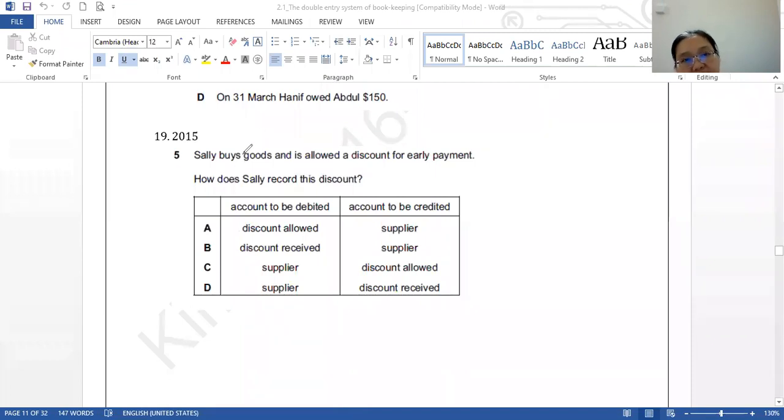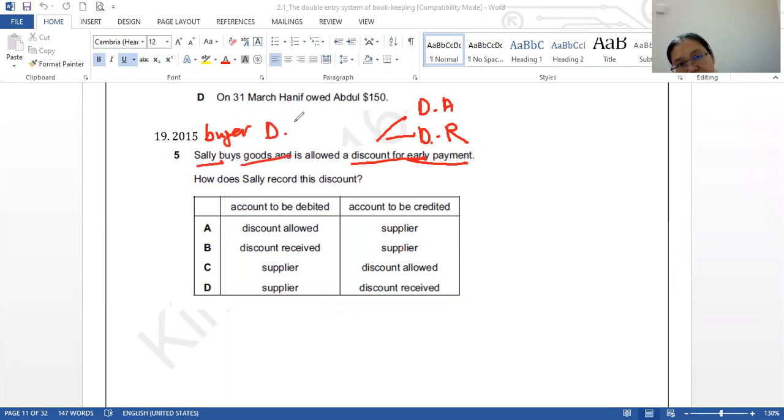19. Sally bought goods and is allowed discount for early payment. Early payment refers to discount allowed or discount received. Bought goods and allowed, that means this one is a buyer, so the buyer will get discount received. How does Sally record this discount?